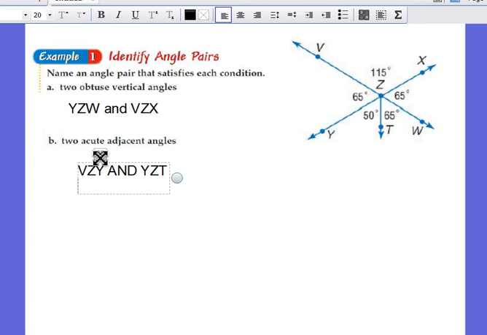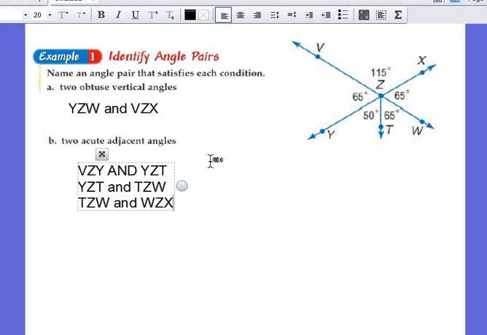Another one is YZT and TZW. And if you want to, the last pair that you can name is TZW and WZX.